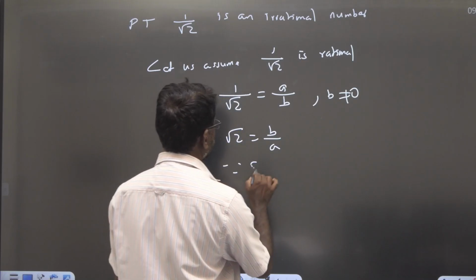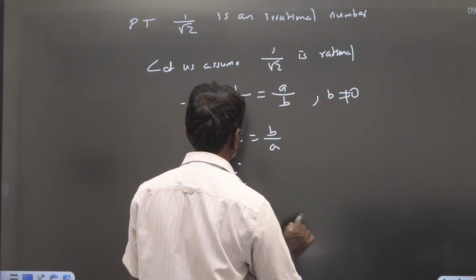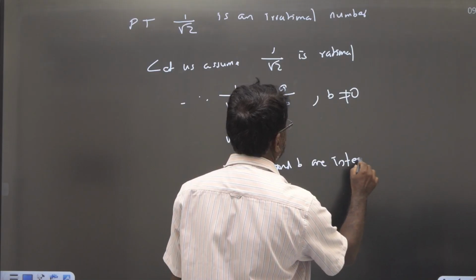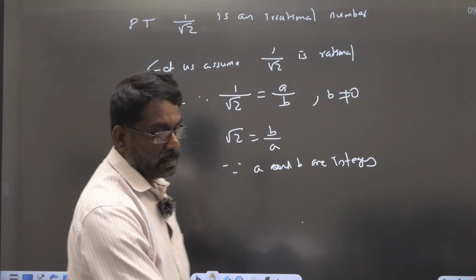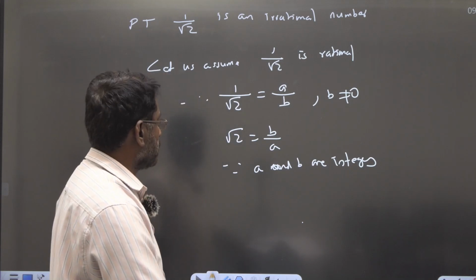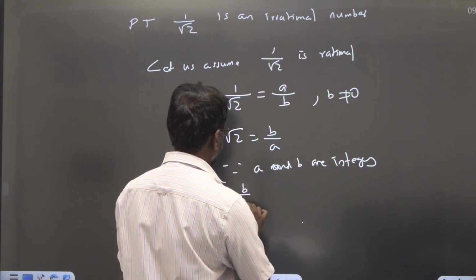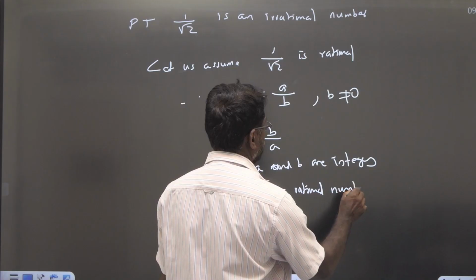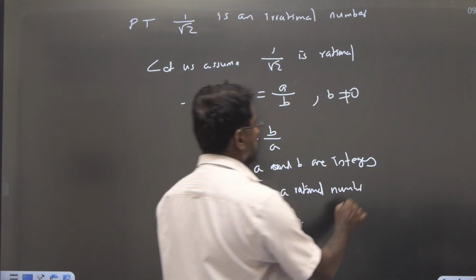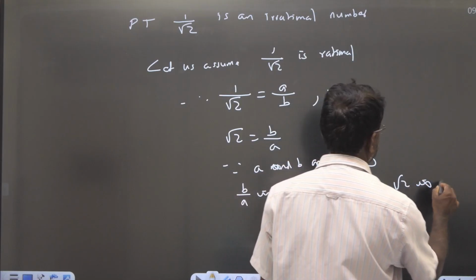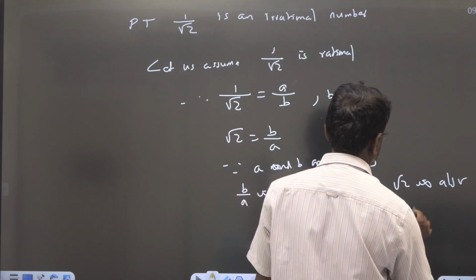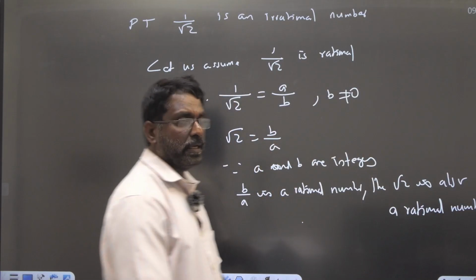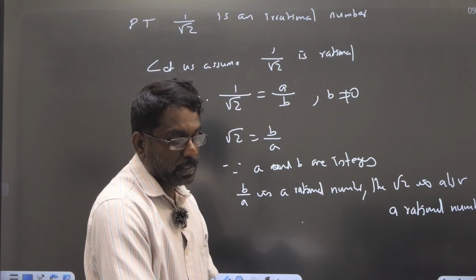Since a and b are integers, b by a is a rational number, then root 2 is also a rational number, because root 2 is equal to b by a.